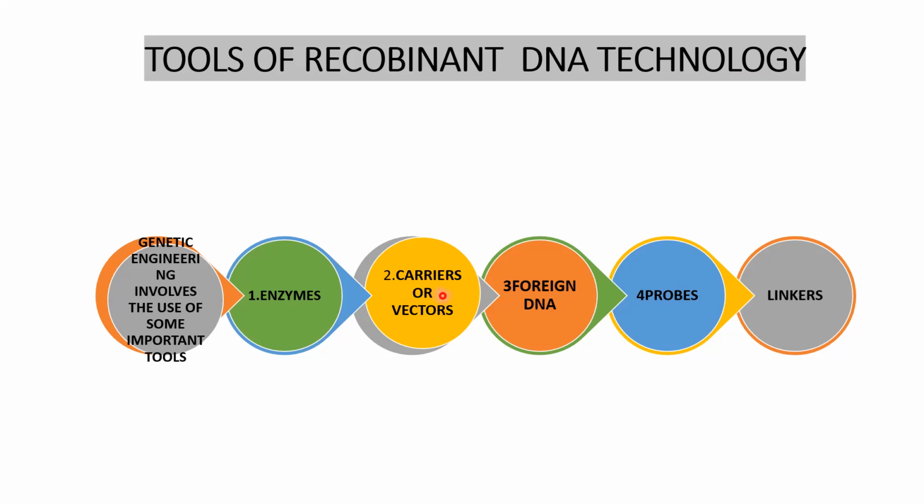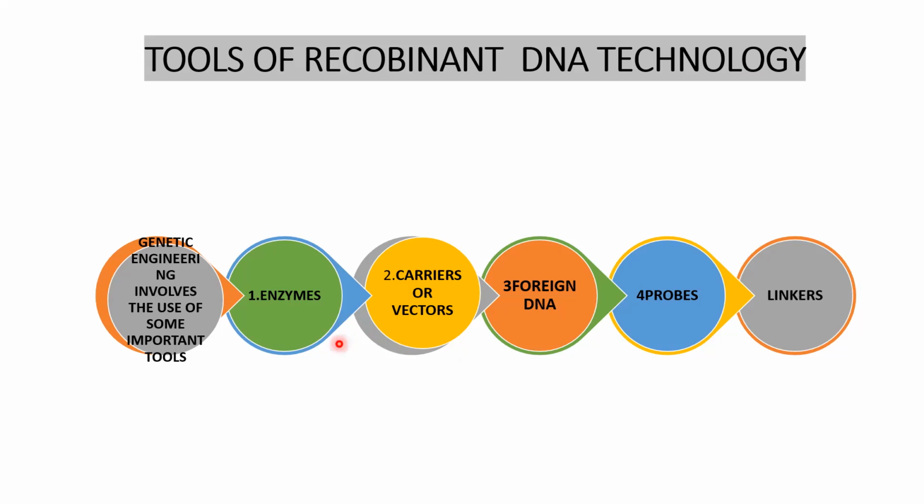So we can make multiple copies of the desired DNA with the help of carriers or vectors. Then that carrier or vector is recombined with the foreign DNA. Then that is again used with the help of probes. Probes are DNA and RNA. DNA is labeled, RNA is labeled, and this is called probes. And there are linkers. This we'll discuss in later videos.